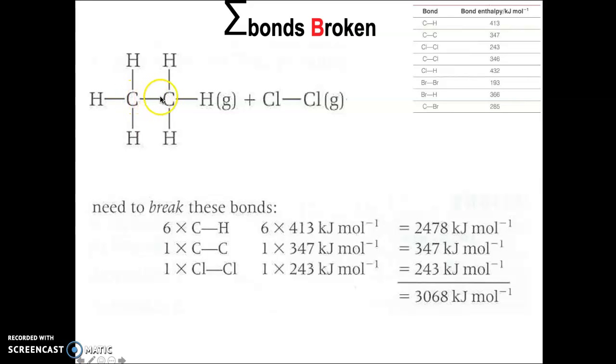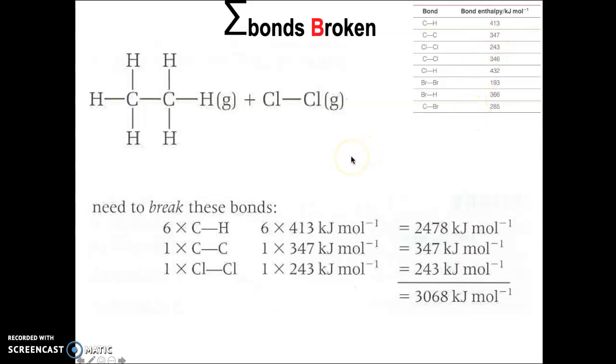So we also need to break this carbon bond. It's just a single bond, so it is over on our list here, 347. I emphasize single bond because in some instances, if you need to break a double bond, it is a different value. It is not 2 lots of a single bond. It is not, okay?